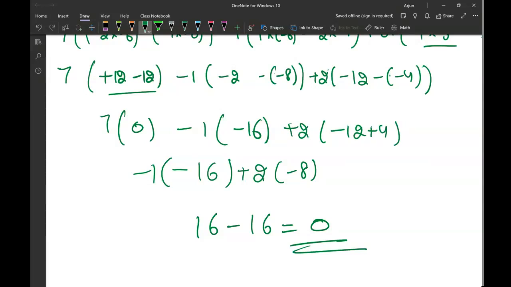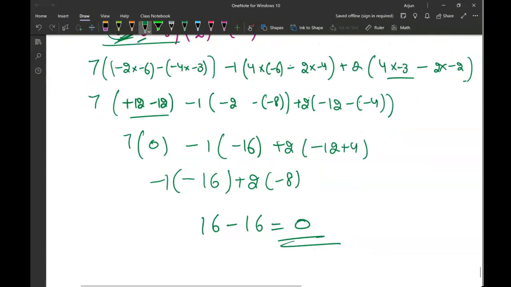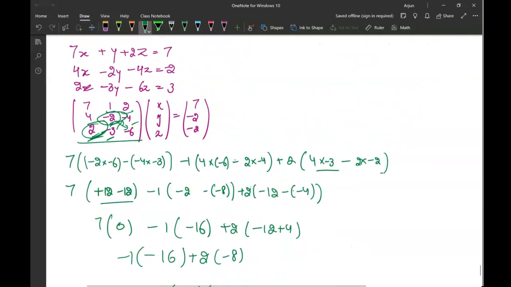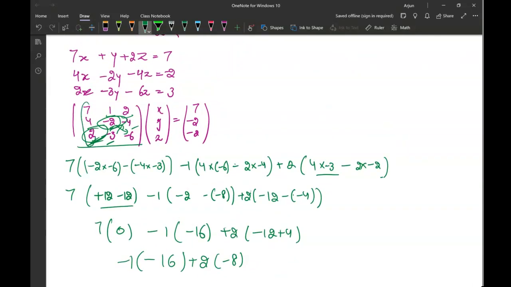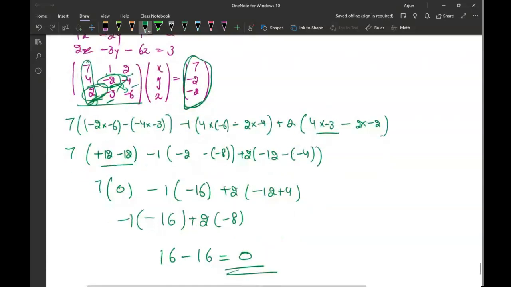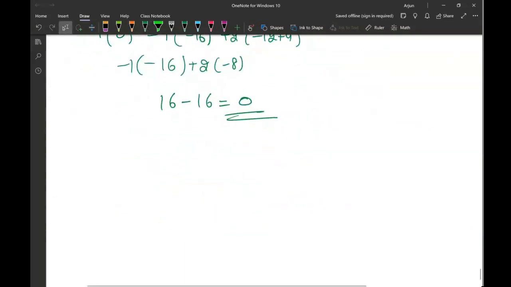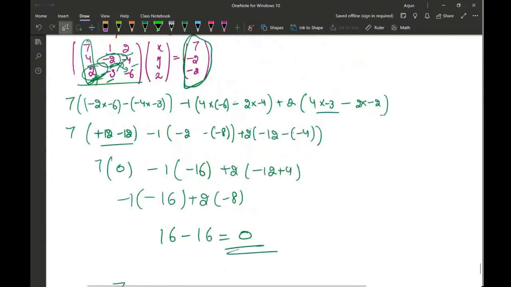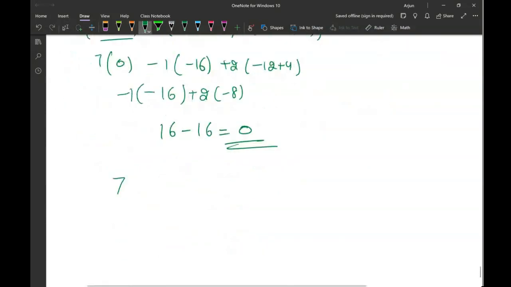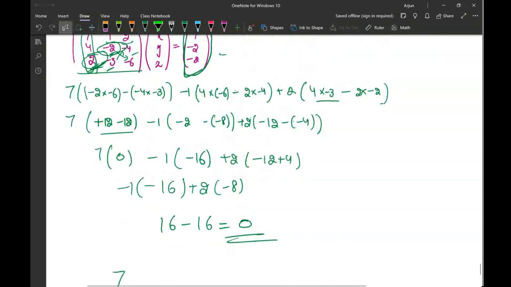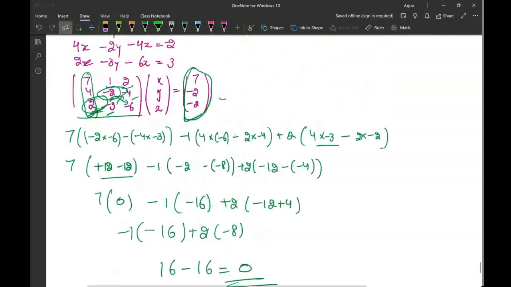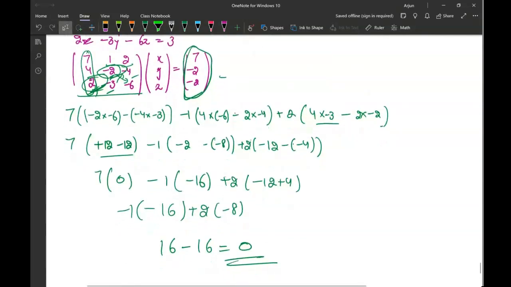Now I'm going to find one more determinant by replacing the first column with these values, 7, minus 2, and 3.